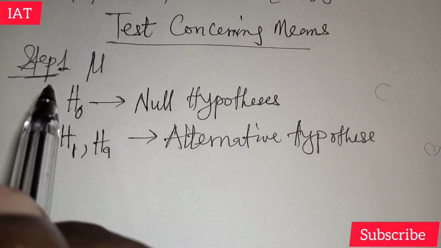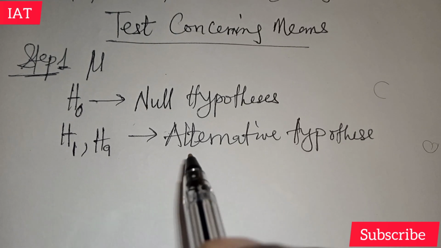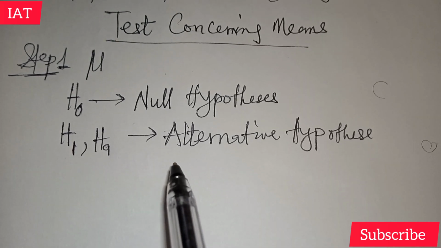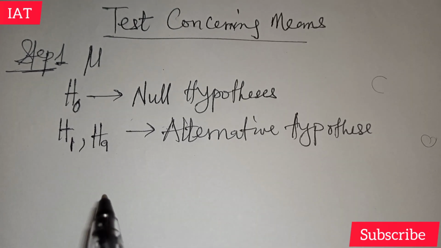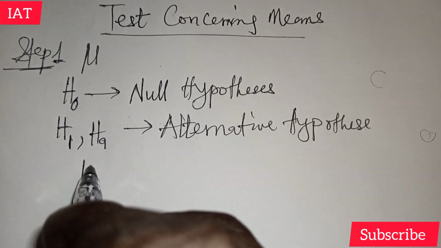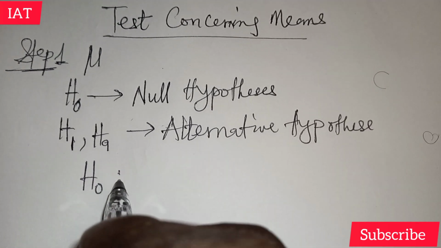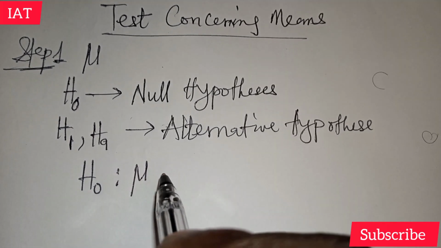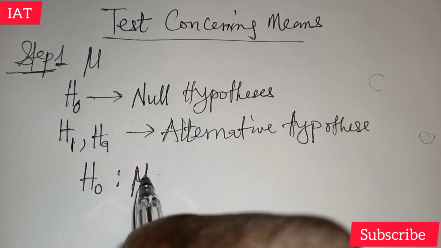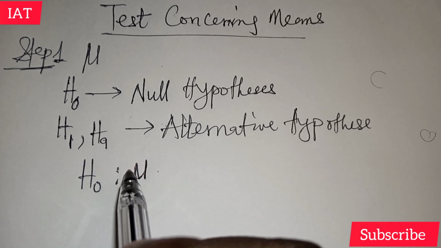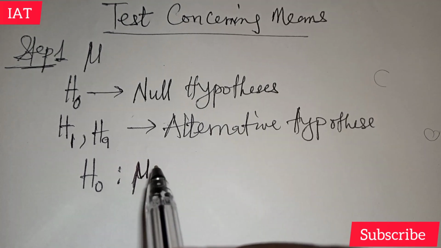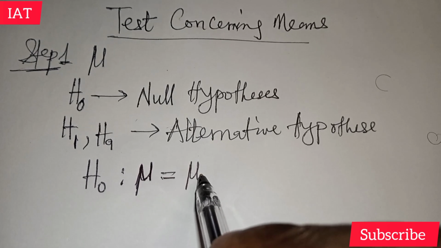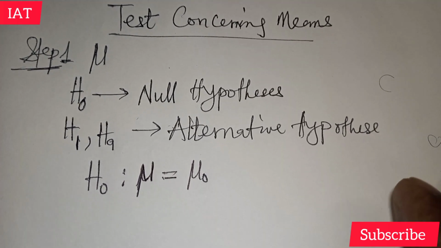So for step 1, I said that you must first of all identify the null and alternative hypothesis by saying that H naught is such that, I've already introduced this symbol to you, so by now you should be familiar with this to be the population mean equal to population mean naught, right?